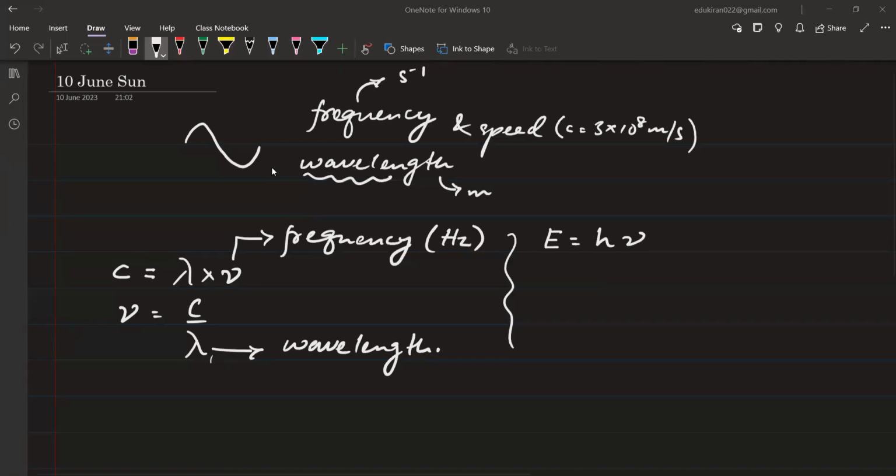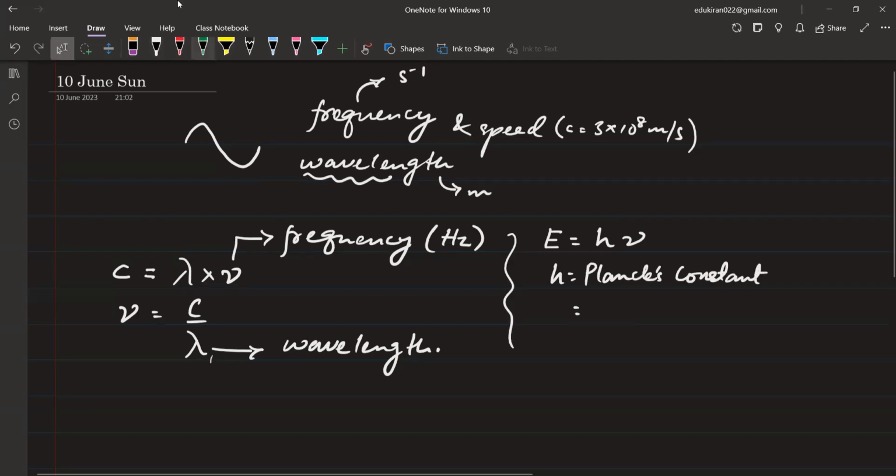Acha, by the way, those who were present in the last lecture, tell me what is the value of h, the Planck's constant? Yasir, Kashif, Martin, anyone? Siddiqa, Planck's constant, tell me the value.